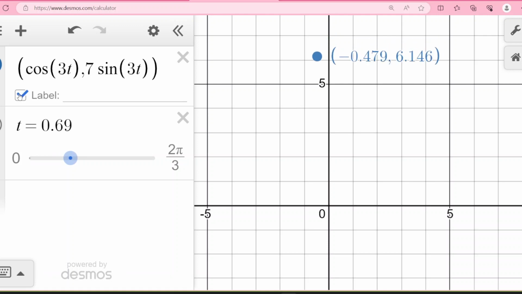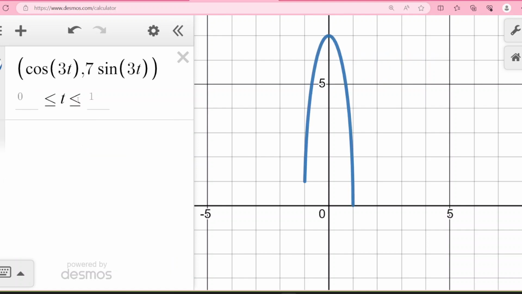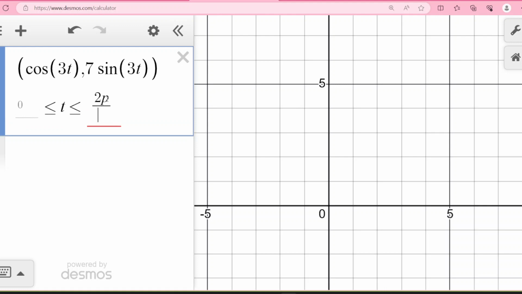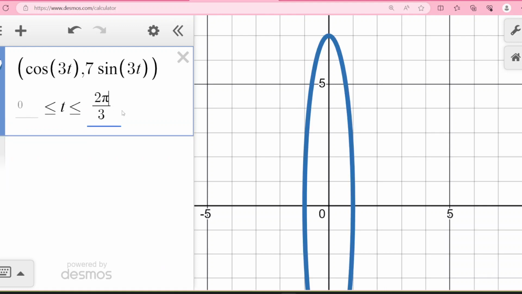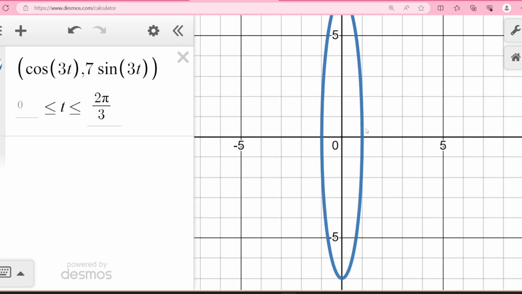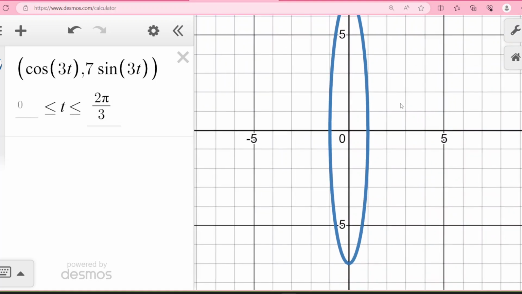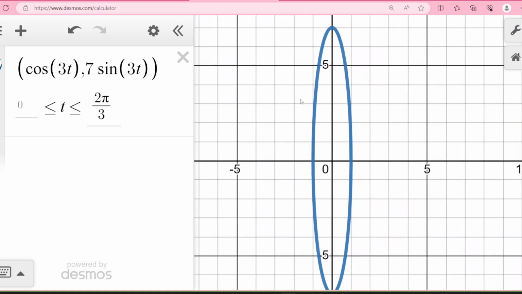I'll label it, see what the coordinates are. But so I'm going to get rid of this and then go back up here and just have this be what they wanted, to actually graph the dots, 2 pi over 3. Oh, pi. I forgot the pi. There. And you see this ellipse. Again, they started here at 1, 0, and as t increased, we're going counterclockwise around this ellipse.